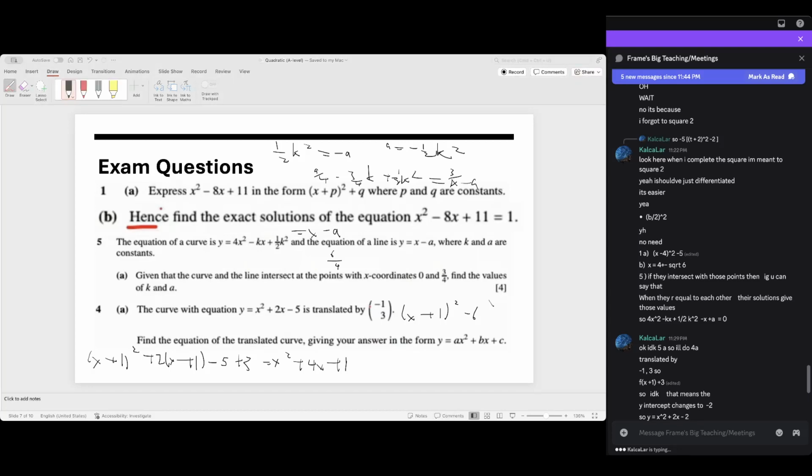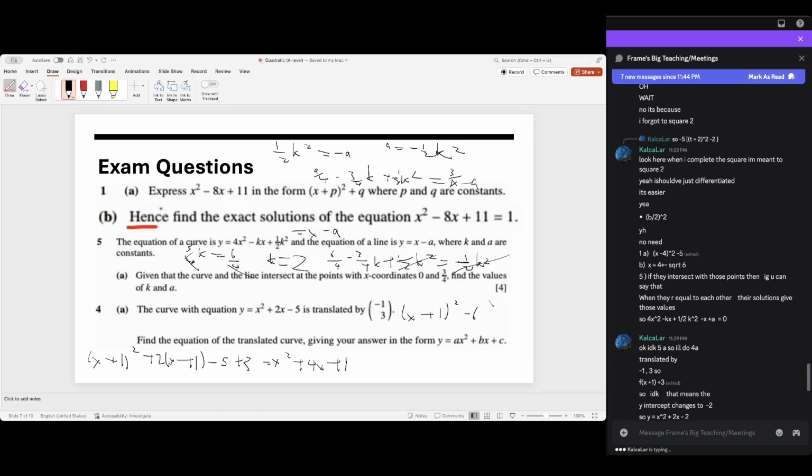Are you kidding me? 6/4 minus 3/4 k plus half k squared is equal to half k squared, and you will cut this out. So that means 3/4 k is equal to 6/4. Cut out this, k is equal to 2.